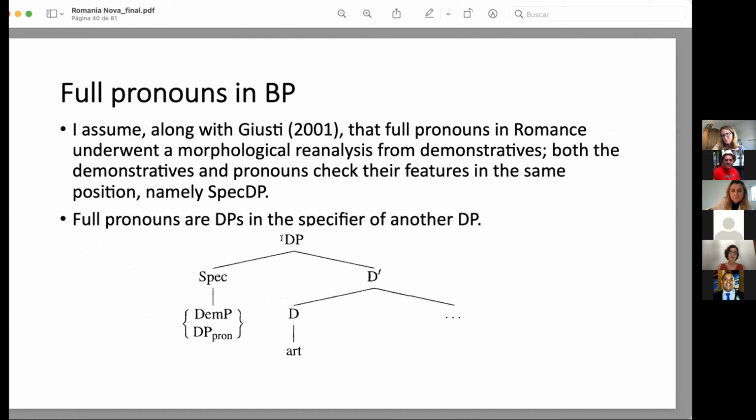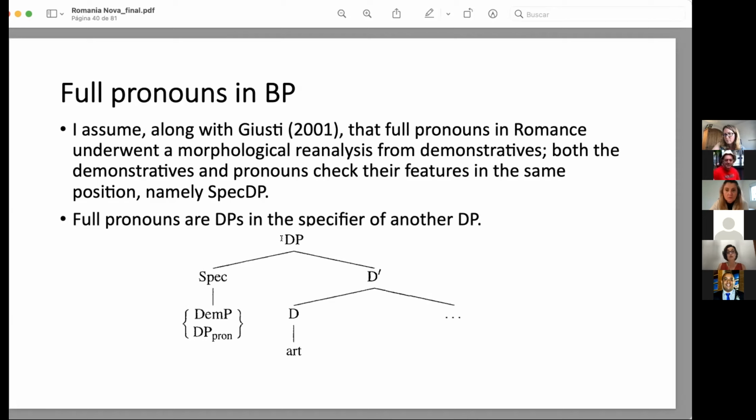What the variation studies show is that the null object occurs more frequently with inanimate antecedents, and the full pronoun more frequently with animate antecedents, but that doesn't preclude them from appearing with inanimate antecedents as well.